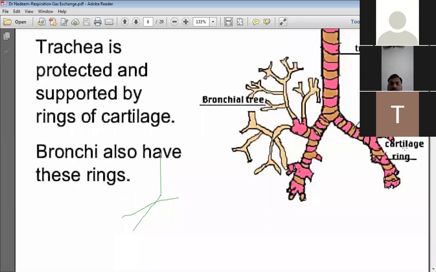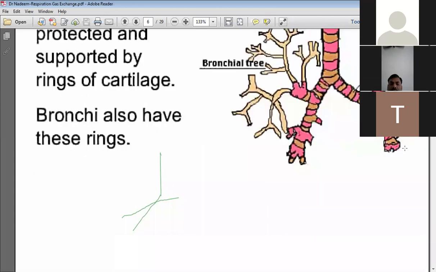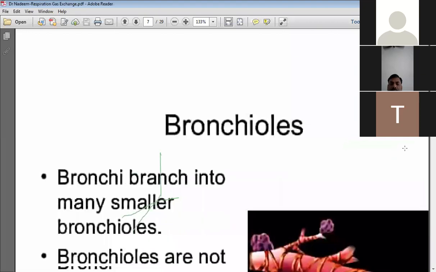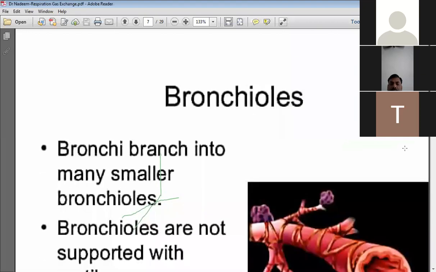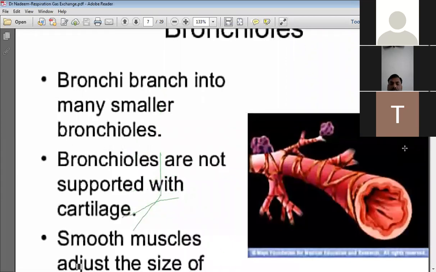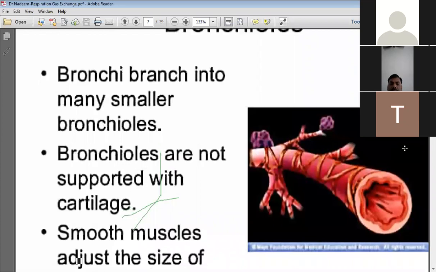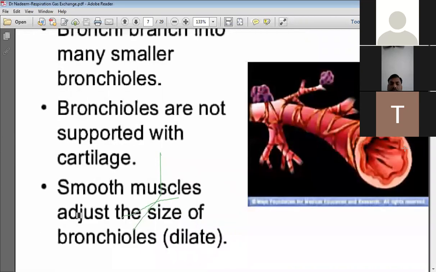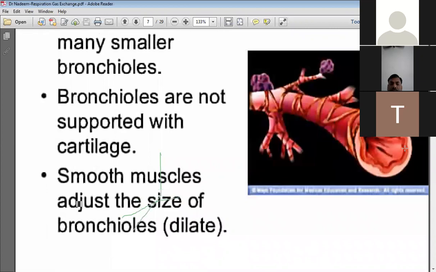They end up in bronchioles. The bronchi branch into many smaller bronchioles, and bronchioles are not supported with cartilage. How the size of a bronchiole is adjusted, whether it is dilating or shrinking, is through smooth muscles.